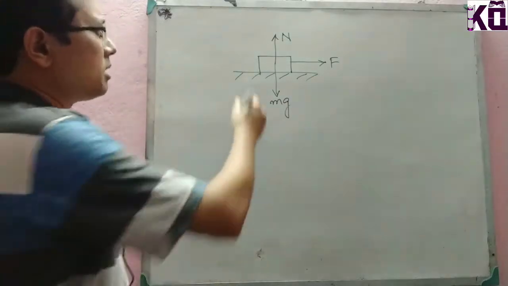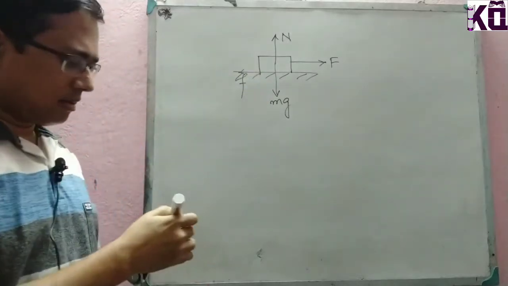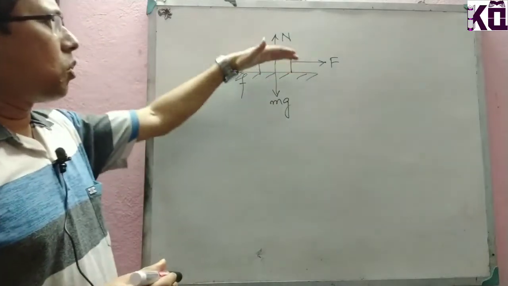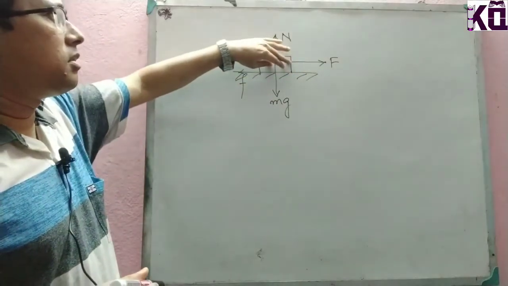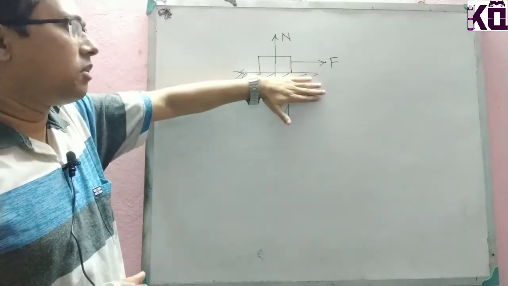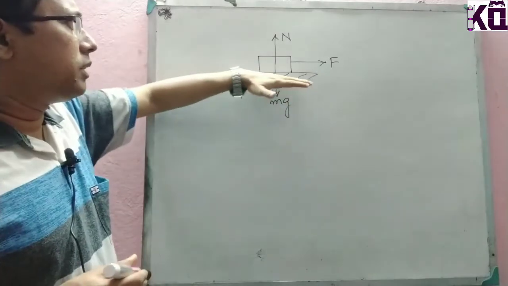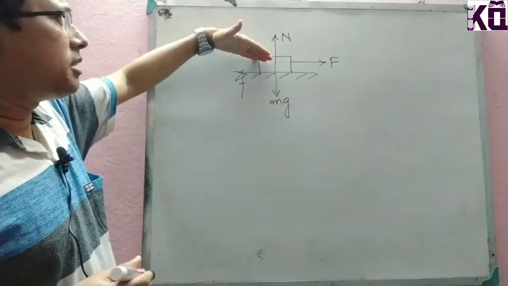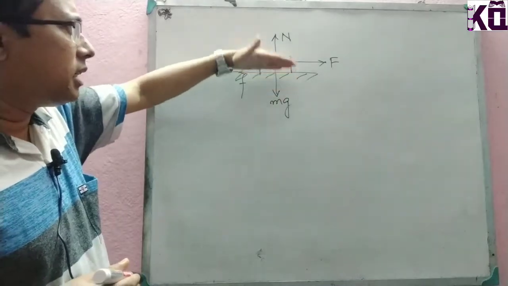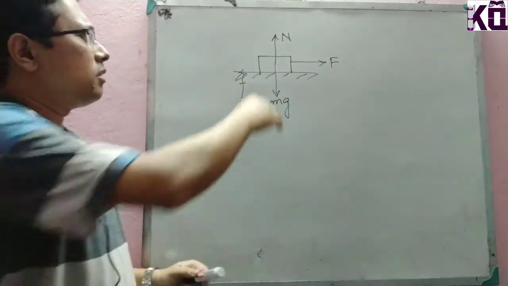So there must be one resistive force which acts at the contact surface between this member and the plane, or floor.